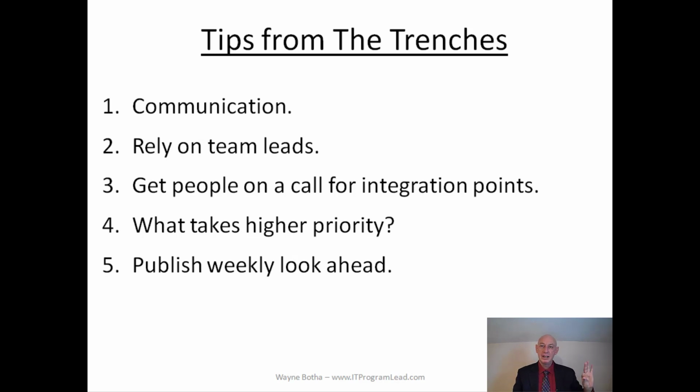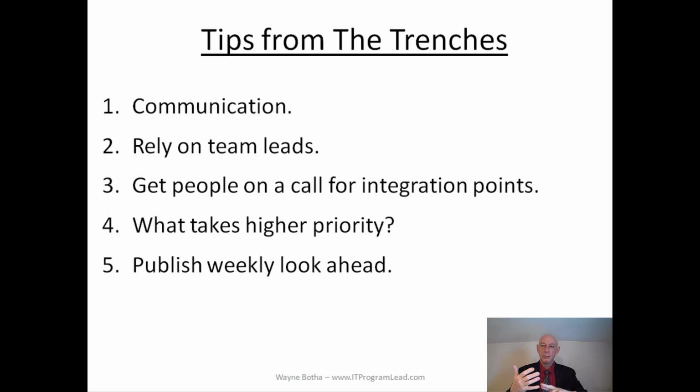Number three, get people on a call for integration points. In scaled agile, we've got the release train sync meetings, and I found that using that same concept, you can integrate the waterfall and agile methodologies by getting your team leads from the waterfall parts of the project on a call with the Scrum Masters and product owners, and specifically the agenda is to talk about the integration for the upcoming few weeks.